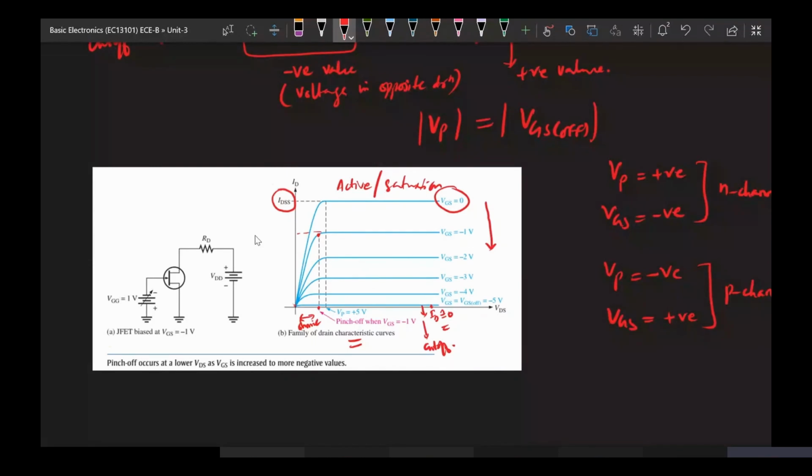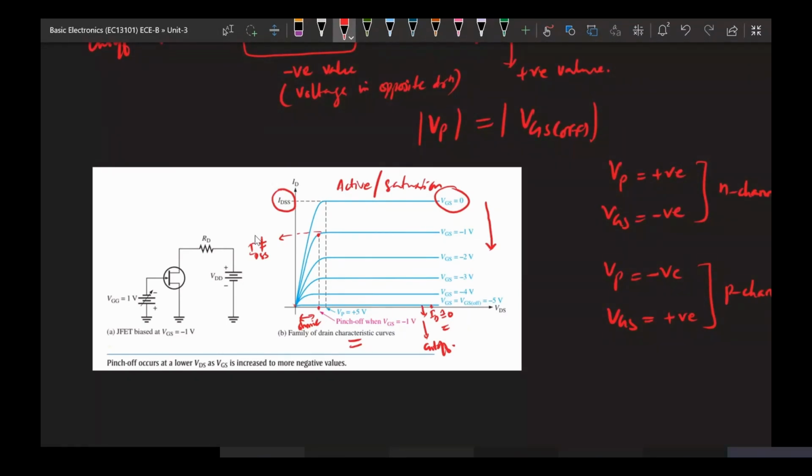When VGS equals -1, there is also a constant current, but this constant current is not equal to IDSS. It will be some value of ID, but it will not be equal to IDSS. IDSS is the current defined only when VGS equals 0, and at that time when pinch off has occurred, whatever constant current is flowing will be your IDSS.